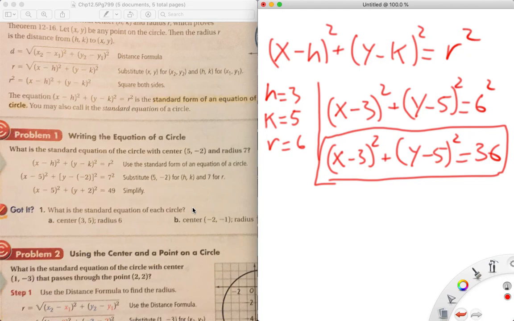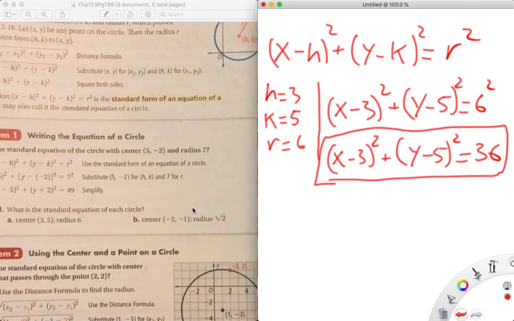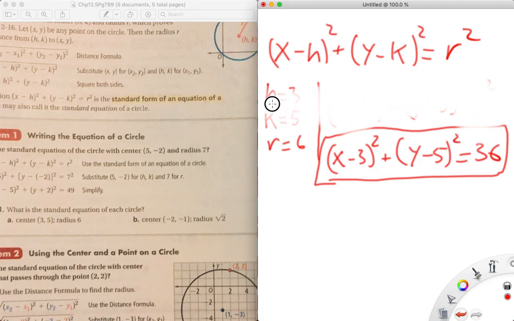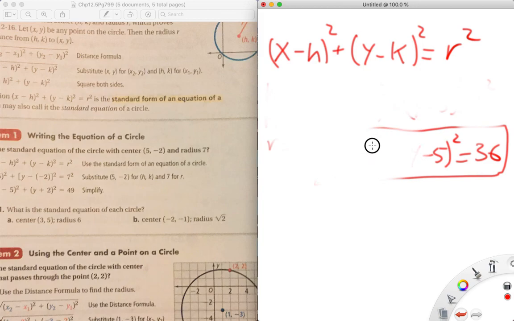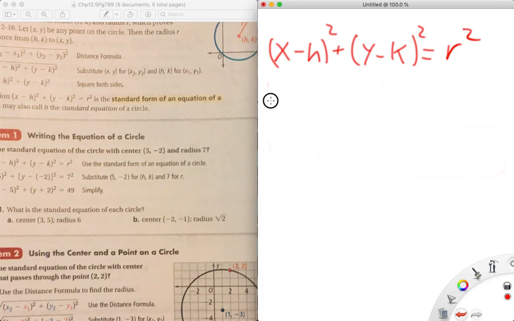For number 2, or B, they have a different scenario, and that scenario is that the center is (-2, -1) and the radius is the square root of 2. So here's the difference. Our h is -2, our k is -1, and our radius is the square root of 2.